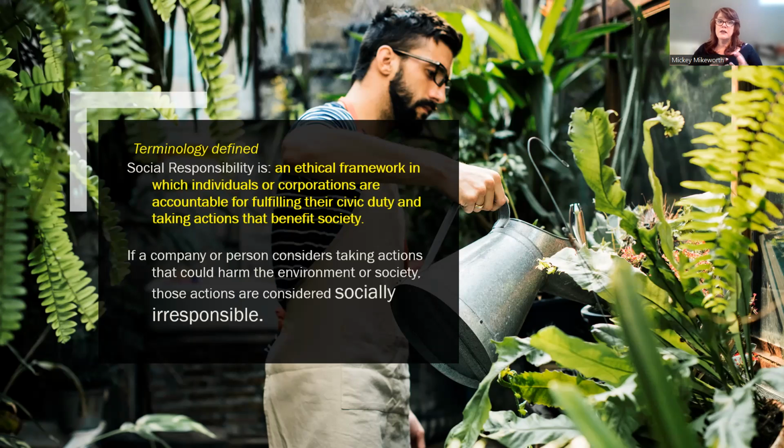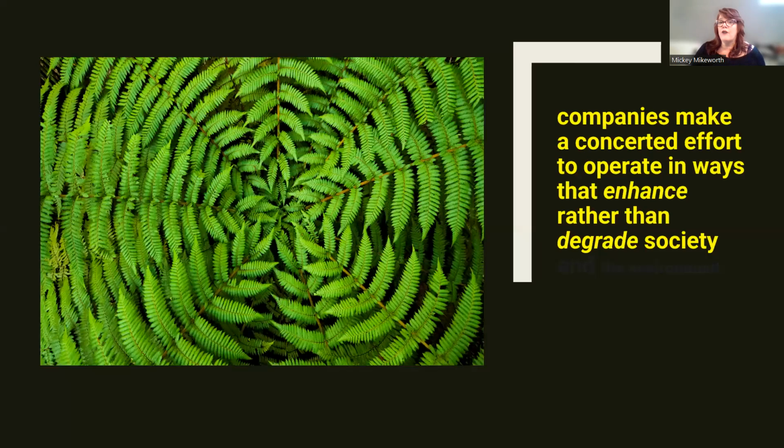But from a corporate standpoint, it is a fulfillment of a civic duty. It is duty to be part of society and offering society something more than just selling them perhaps a pancake.